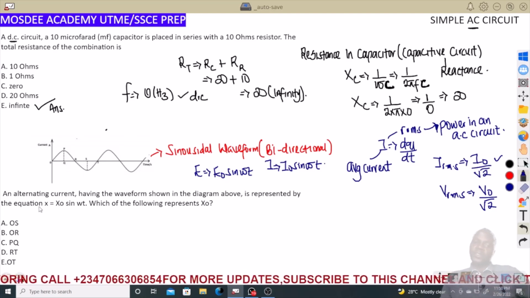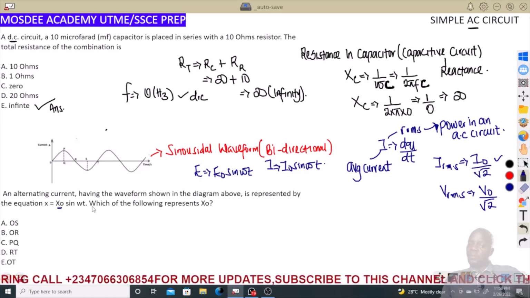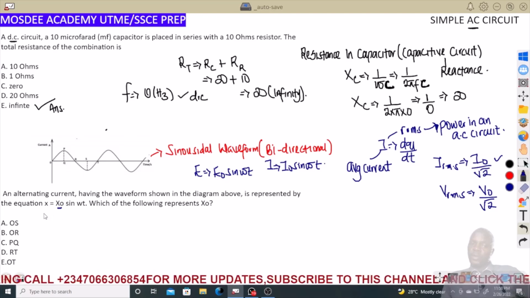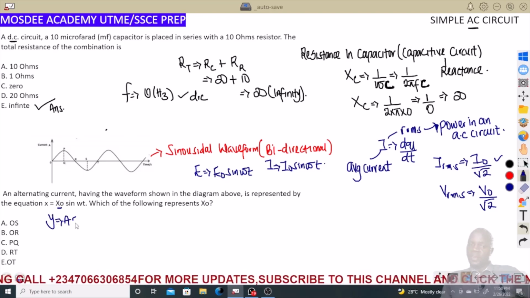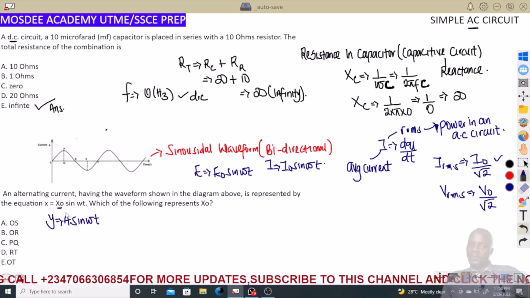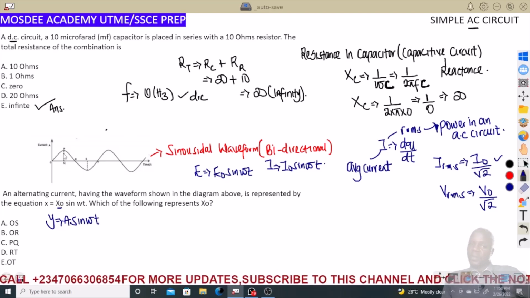So this question says, if x is given by x naught, which is the peak value, sine of omega t, which we are following, x naught. From what we have studied from our waveform, y equals A sine of omega t. So by symmetry, x naught stands for A, which is the amplitude. What is the amplitude of the waveform? The maximum displacement from the mean position or the equilibrium position.